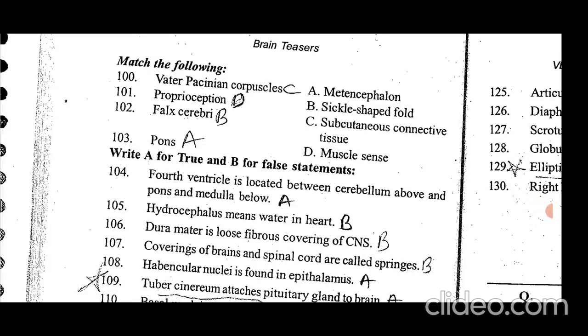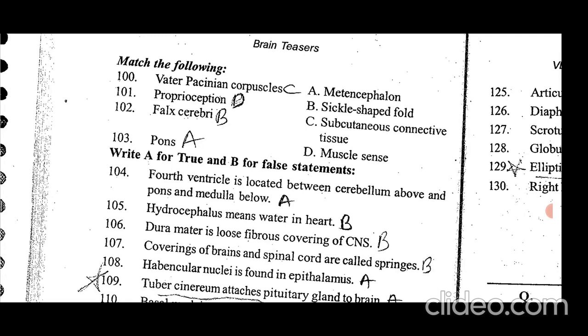Vater-Pacinian corpuscles are in subcutaneous connective tissue. Proprioception is muscle sense.